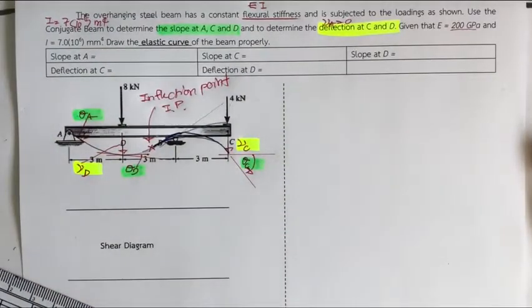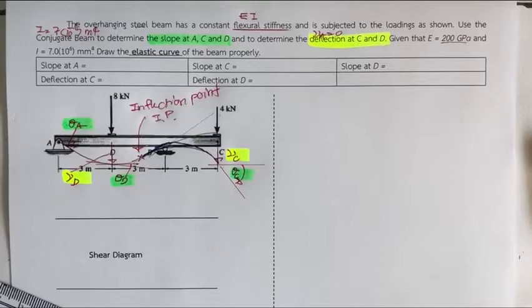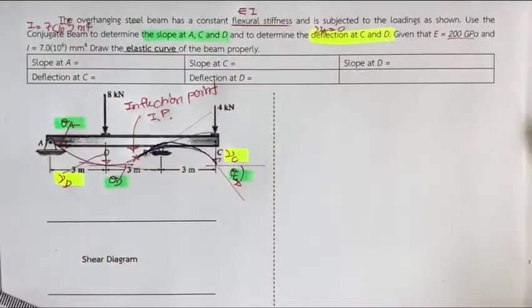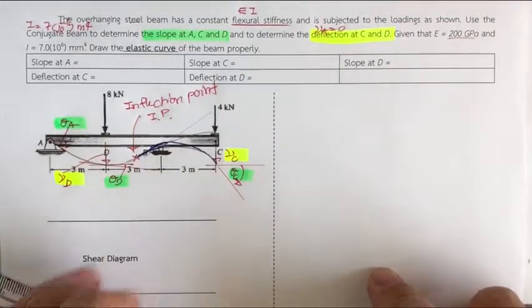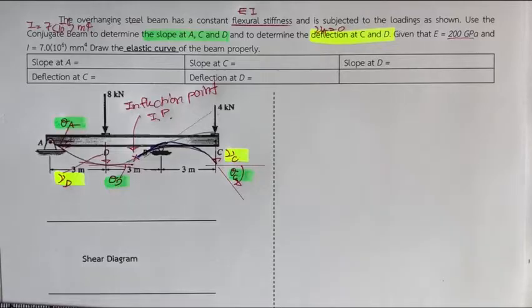Okay, this elastic curve is good to make it clearer how to solve the problem. And if you see it like this, it's going to be clear to you what you will determine. So what's the analysis procedure?